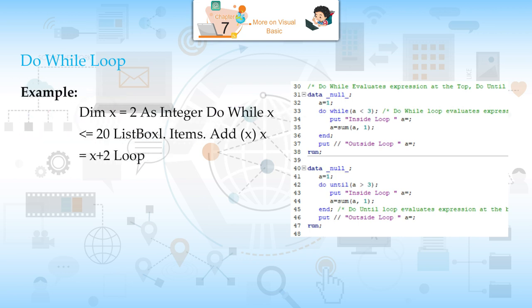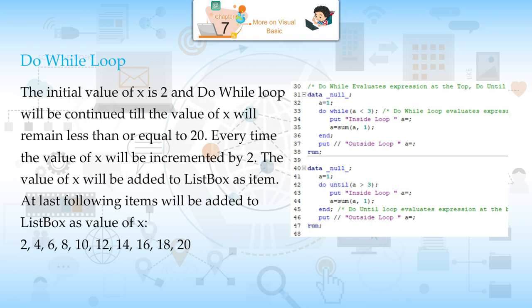Example: Dim x = 2 As Integer, Do While x <= 20, ListBox1.Items.Add(x), x = x + 2, Loop. The initial value of x is 2 and the Do While loop will continue till the value of x remains less than or equal to 20.